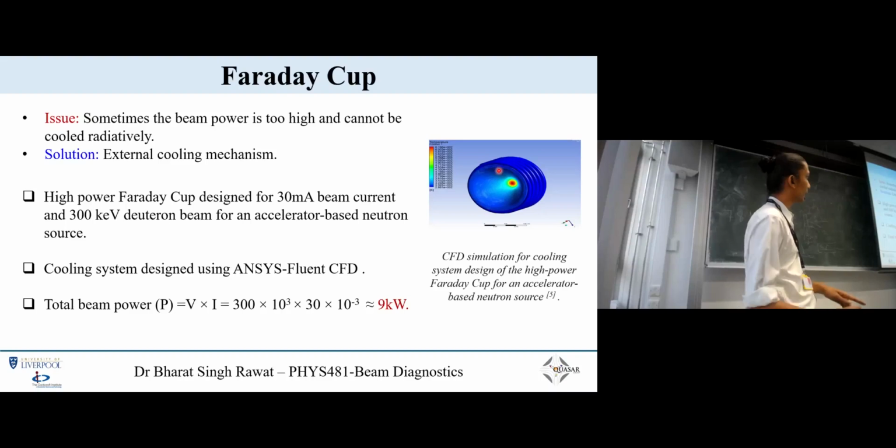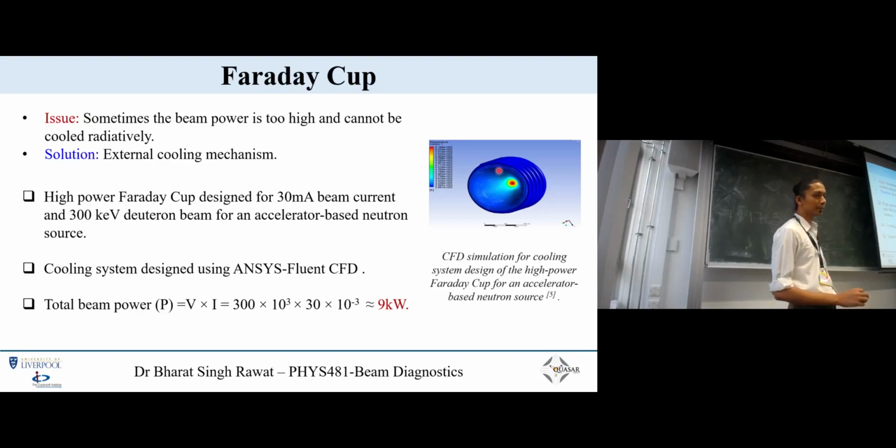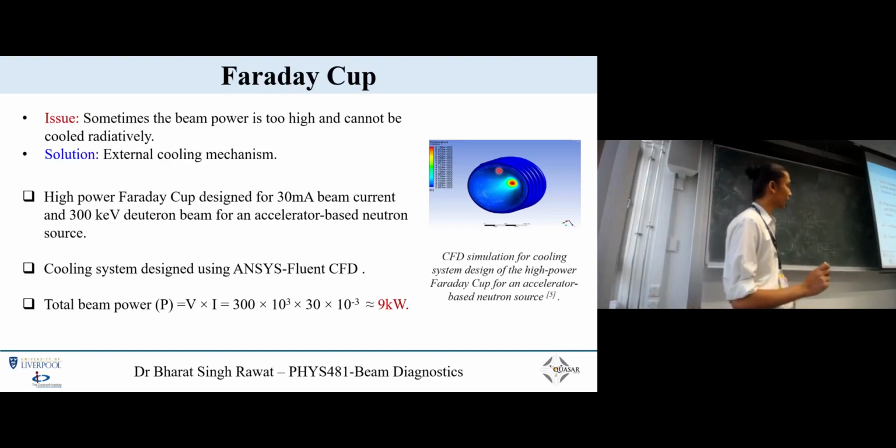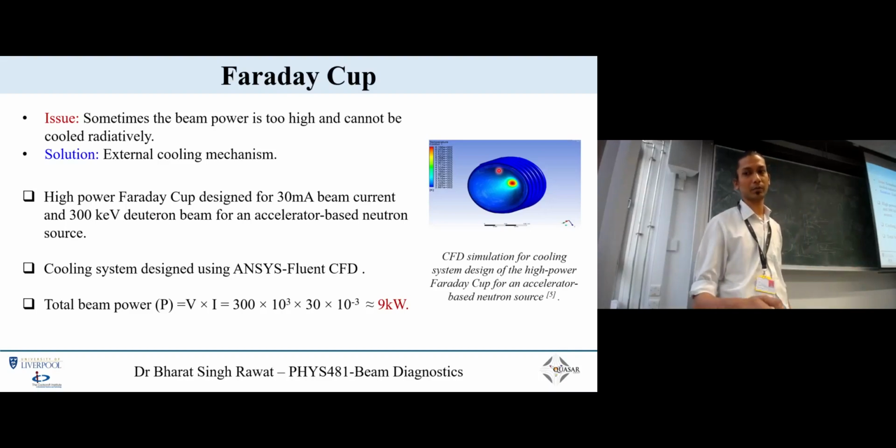For 30 milliampere it's not a big problem because it is a high current, but if you're measuring current in the order of nanoamperes, even the cooling water can carry away some current through it. So it is very important to use demineralized water, we call it DM water, which does not have any salts in it, so it does not provide any conducting path for the charges to go through.